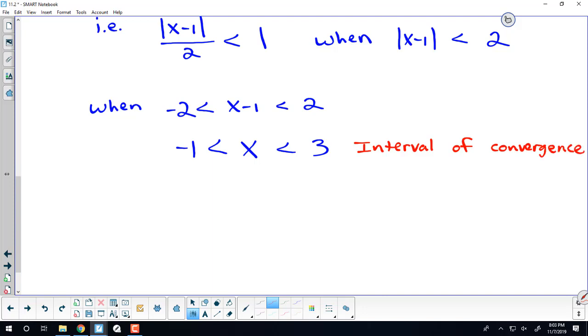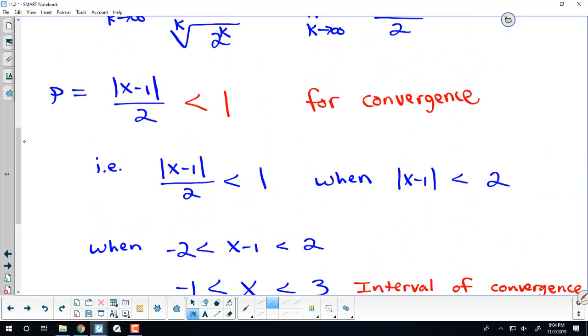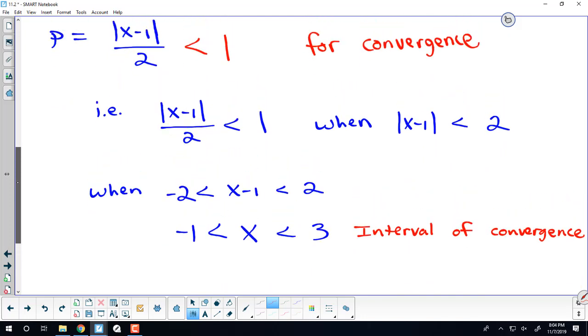Is that it? Is that all we need to do? No, you have to test the endpoints. We have to test the endpoints, right? Because remember that rho is inconclusive when it's equal to 1, right?